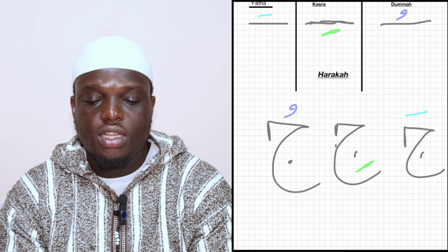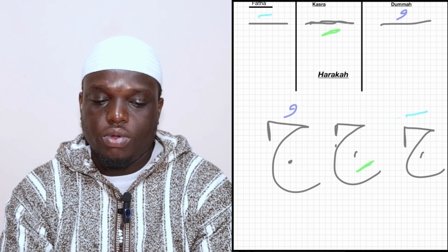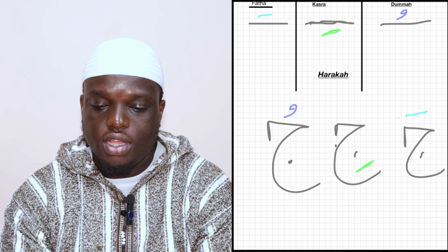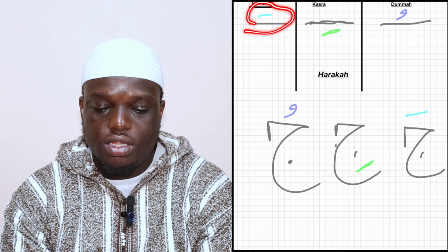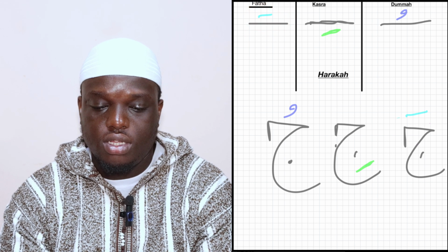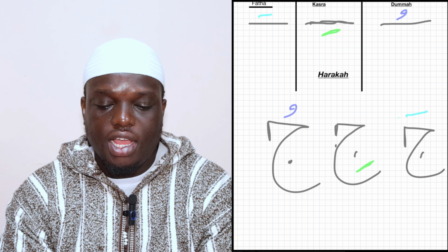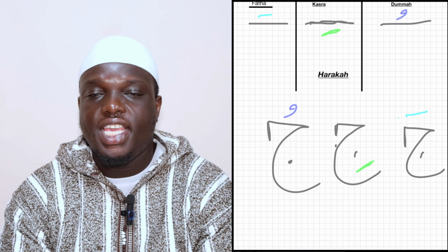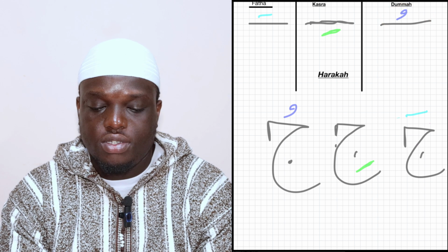In our previous lesson, one new thing that we learned is we were introduced to the harakats. We learned about the fatha vowel sign, the kasra, and also the dhamma. The fatha gives an a sound, the kasra gives an e sound, and the dhamma gives a u sound.